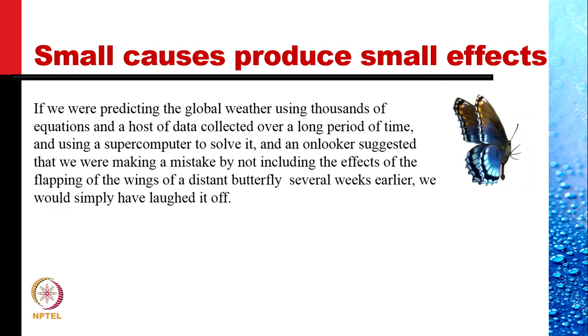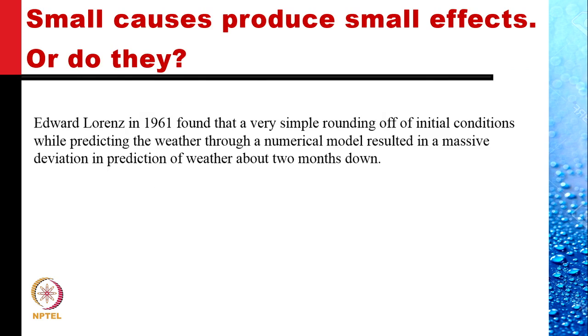If we were predicting the global weather using thousands of equations and a host of data collected over a long period of time and using a supercomputer to solve it, and an onlooker suggested that we are making a mistake by not including the effects of the flapping of the wings of a distant butterfly several weeks earlier, we would simply have laughed it off, because we believe that small causes produce small effects, and we believe that the flapping of wings of a butterfly is a small cause. But is it a small cause?